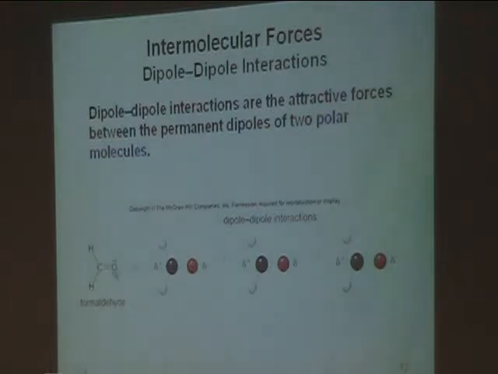Without even remembering the numbers, I can tell you oxygen has a higher electronegativity than carbon, because oxygen is to the right of carbon in the periodic table.